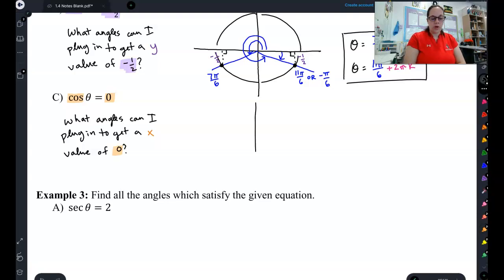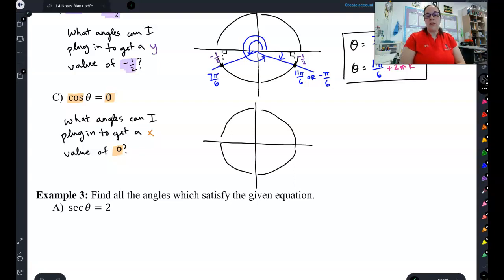So look at our unit circle, and we want to know where is the x value of this unit circle going to be 0. Well, that actually is going to happen at two places.